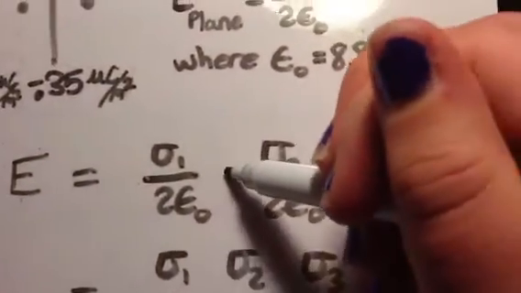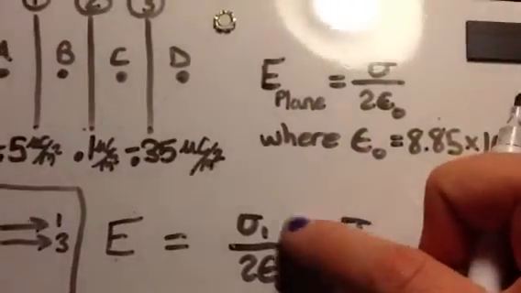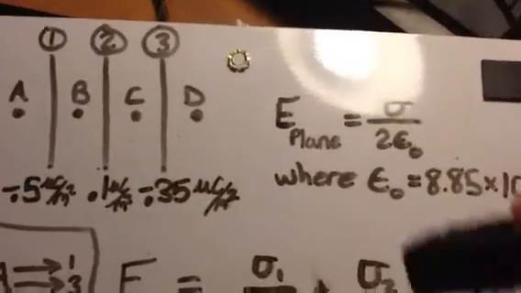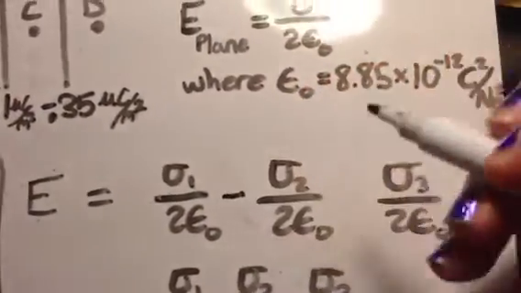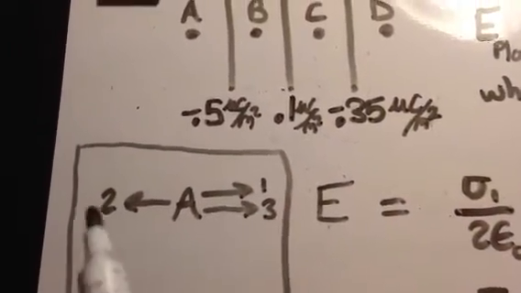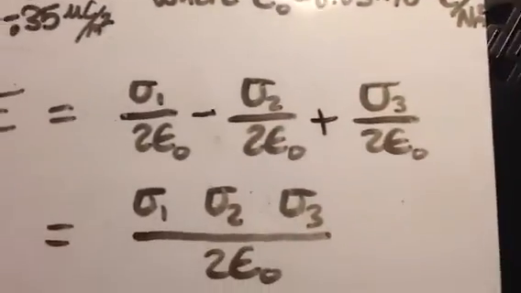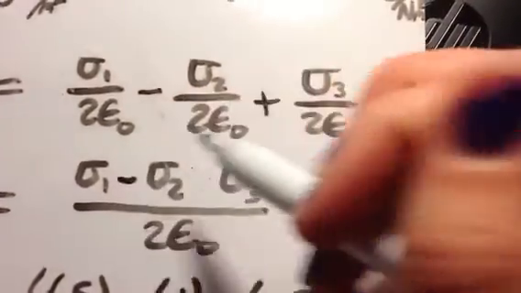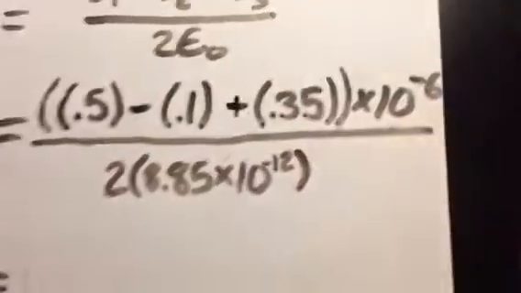So positive plus positive, plane 2 is negative. Plane 1 minus plane 2 plus plane 3.